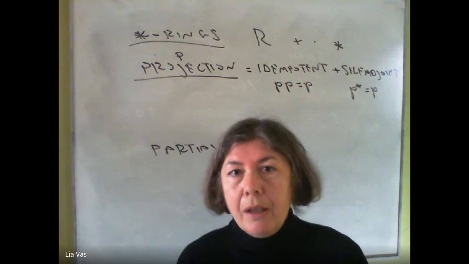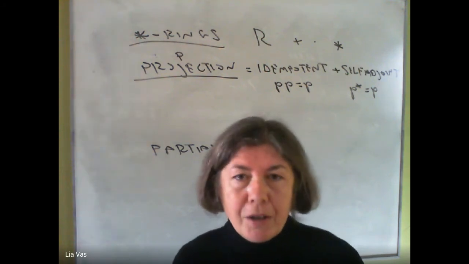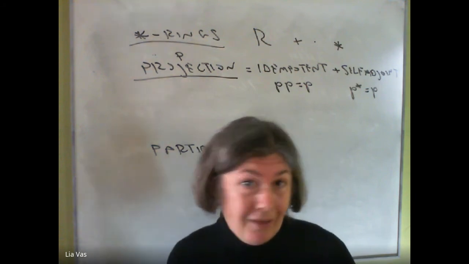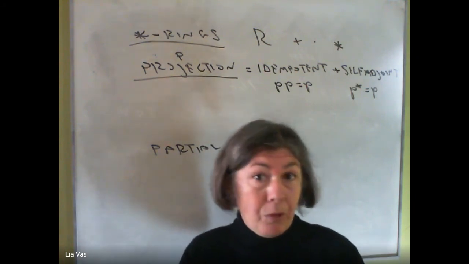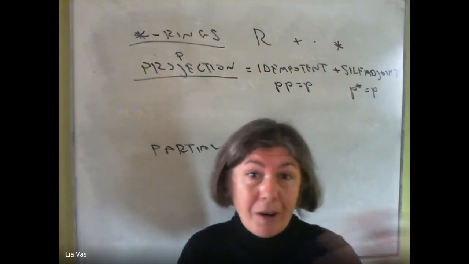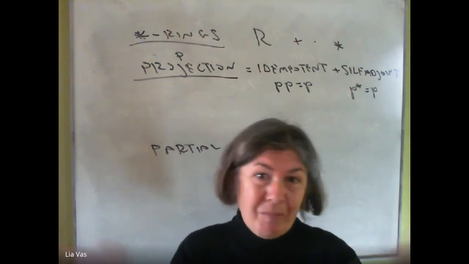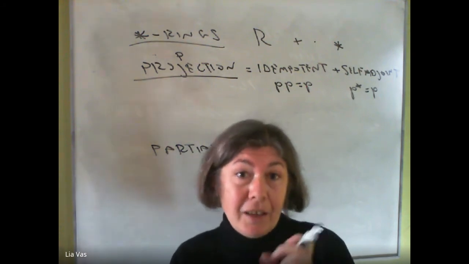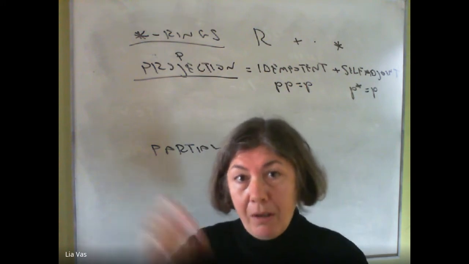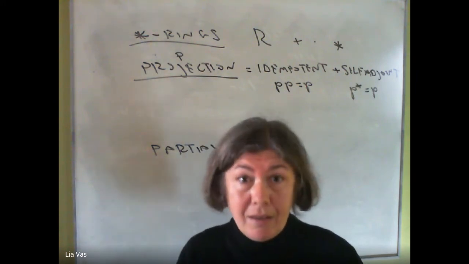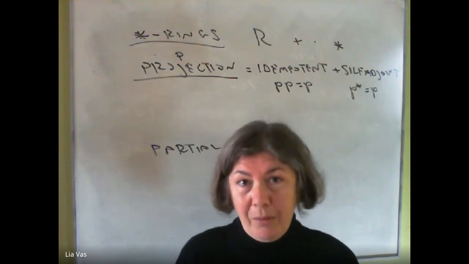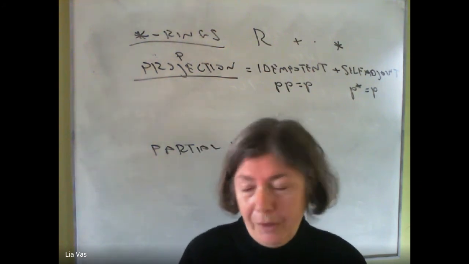If you are working in the C-star algebra world, you will almost never see an idempotent. If you have only a ring on your hand and you're looking at the Grothendieck group or direct summands, then these idempotents are really important. But if your ring has a natural star attached to it, like C-star algebras do, then projections take over the role of idempotents.